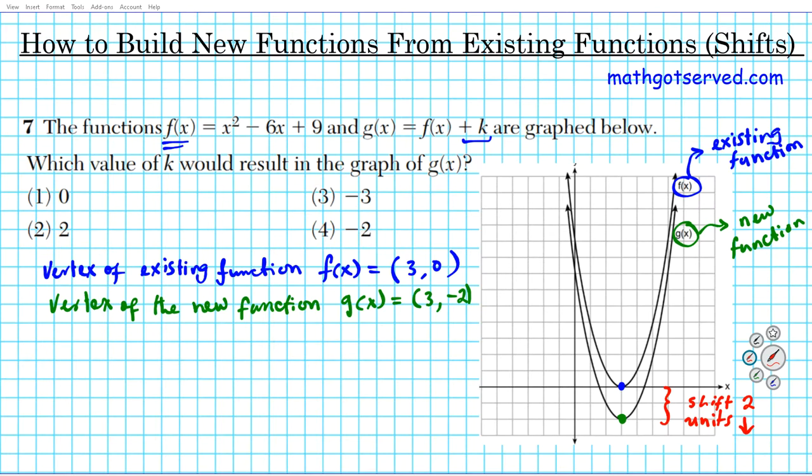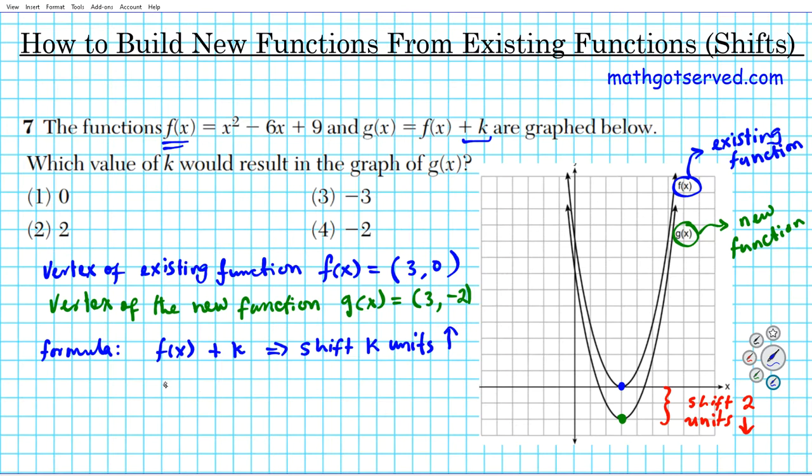Well, in order to determine what the correct answer is, we need to look at the formula for shifting functions vertically. If you have f of x as the original or existing function, and you add k, a positive number, that's going to cause the function to shift k units up.